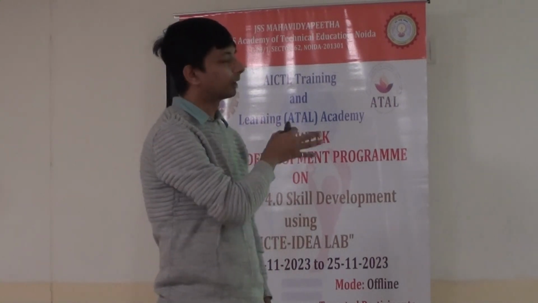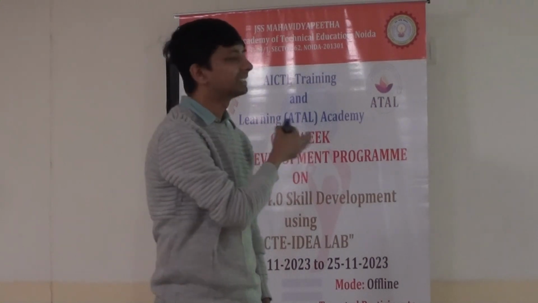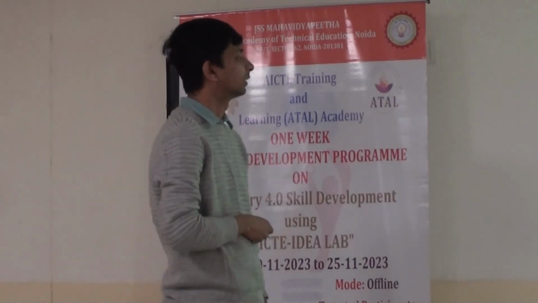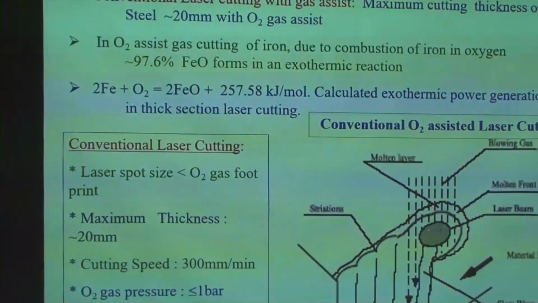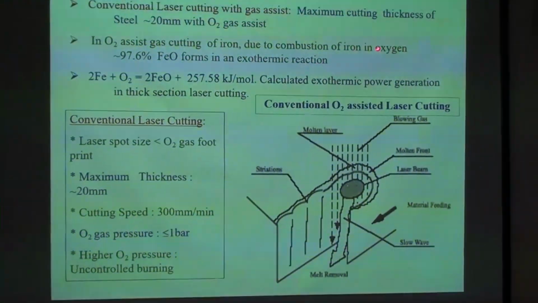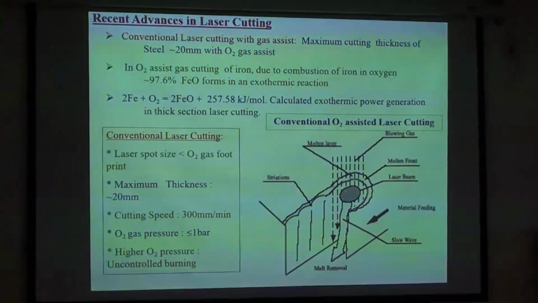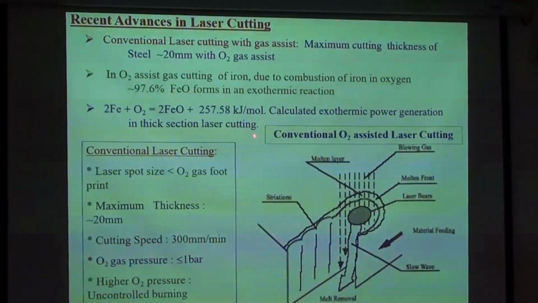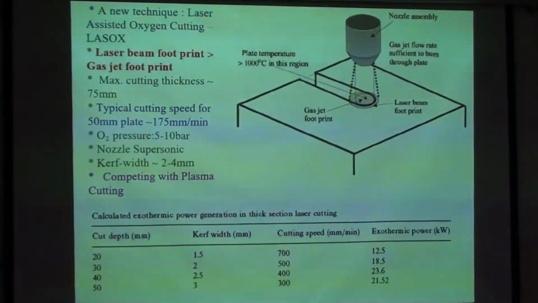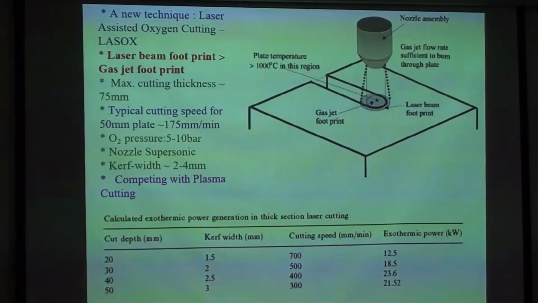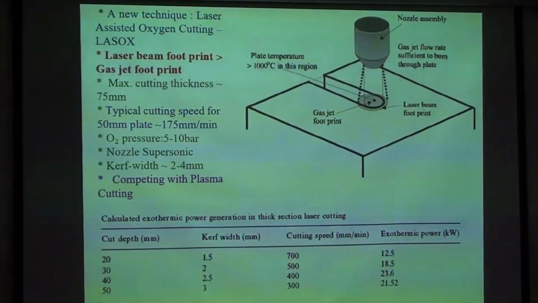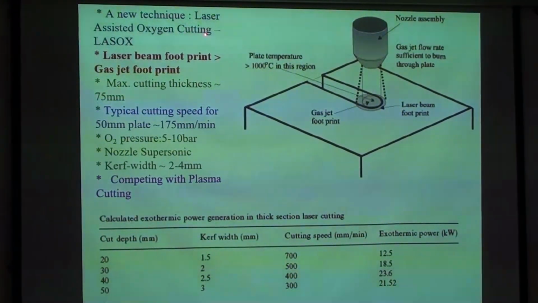So I'll just finish after a few slides with some recent advances, not so recent, these are also relatively old. First one we have already discussed, this conventional laser cutting with gas assist. Second one is also oxygen assisted that we have already discussed. There is a variant, it's called laser assisted oxygen cutting.